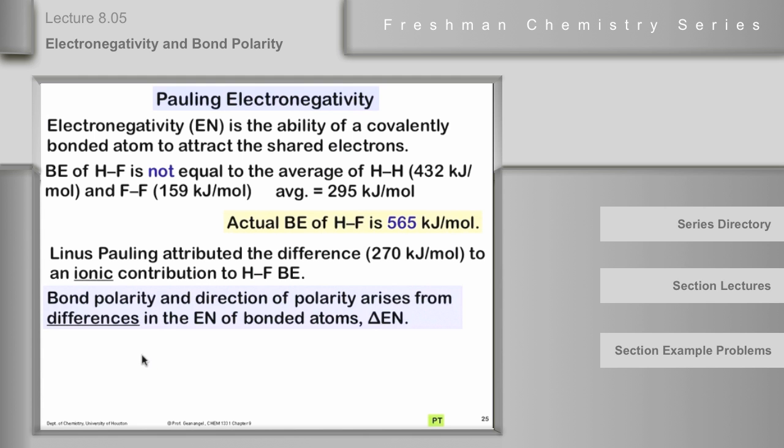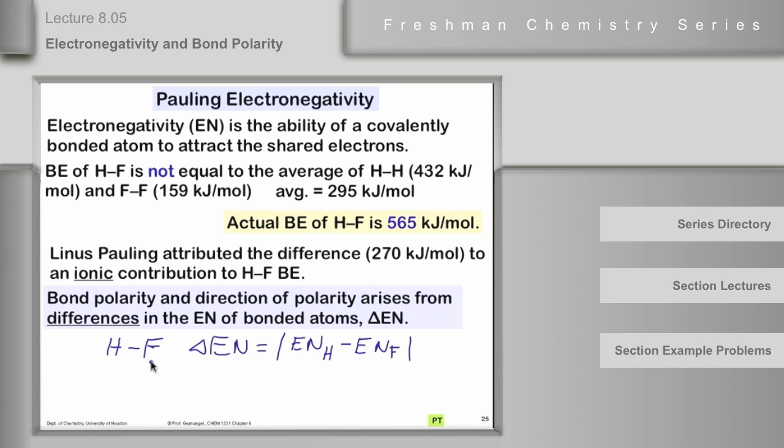So if we look at HF, for example, the delta electronegativity could be calculated by taking the absolute value of the electronegativity of H minus the electronegativity of F. And that magnitude, according to Pauling, would tell us how polar the HF bond is expected to be.